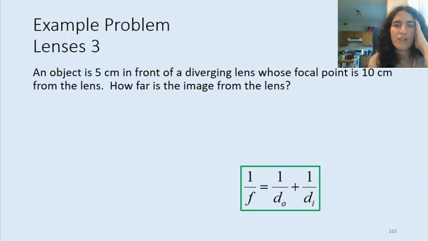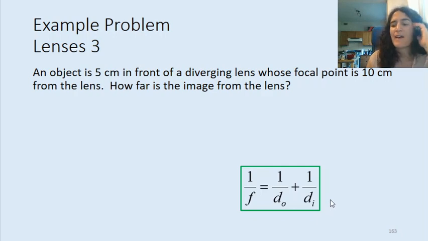So because it's diverging, you would use minus 10, right? And then the other thing that you know is that the object is 5 centimeters, right? So I know DO is 5 and F is minus 10, and so I can solve this equation for DI. So why don't you try that on your own?